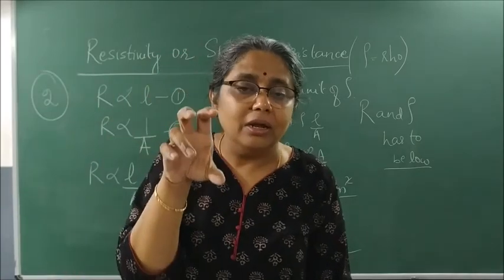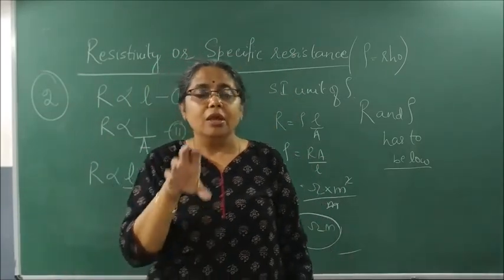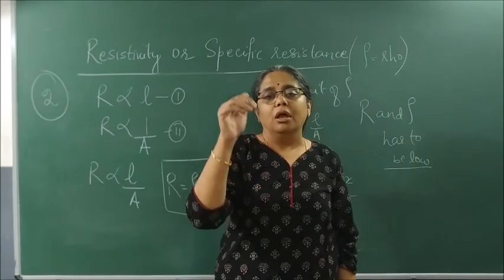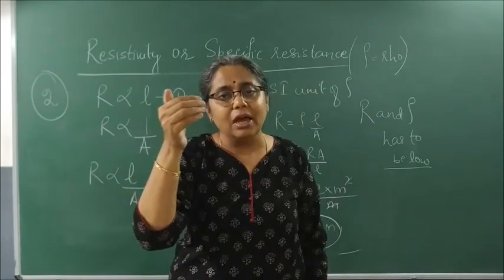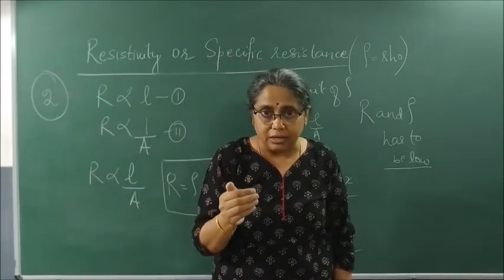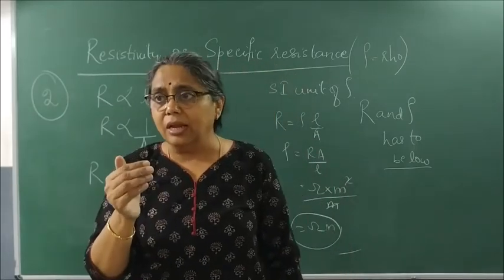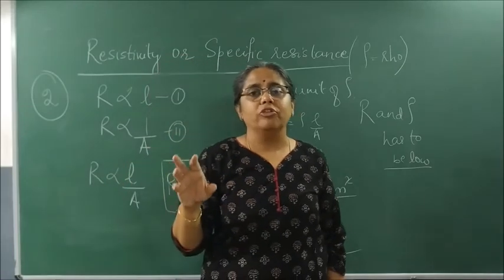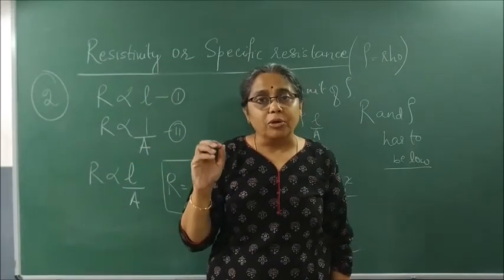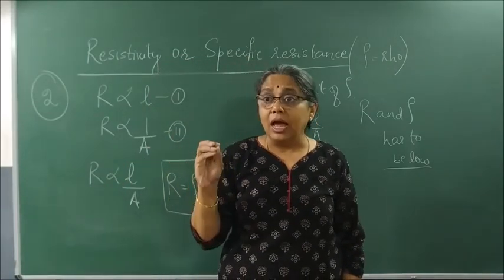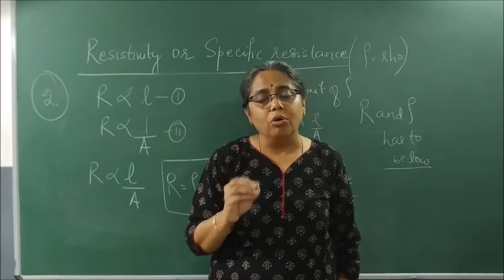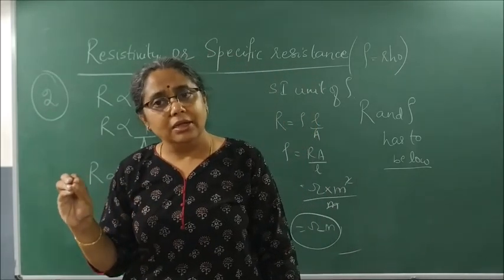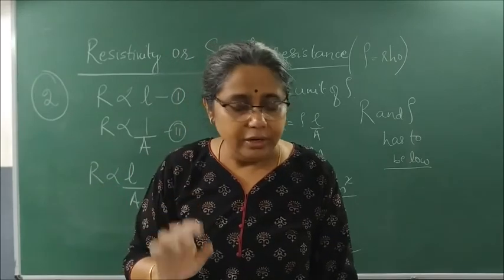In between conductors and insulators, we put alloys. Alloys have a slightly higher resistance than conductors and lower resistance than insulators. They are generally used in all electrical heating devices because they can withstand high temperatures and they do not oxidize easily at high temperature. Clear?